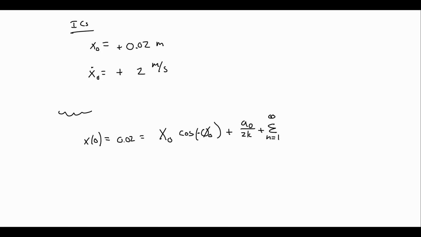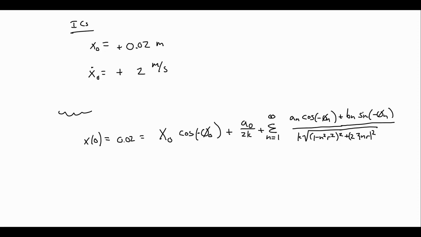Now again, t is going to be 0 in all of these cases. a_n cosine negative phi n plus b_n sine of negative phi n, since the t terms are 0, over the k times 1 minus n squared r squared, quantity squared, plus 2 zeta n r squared.